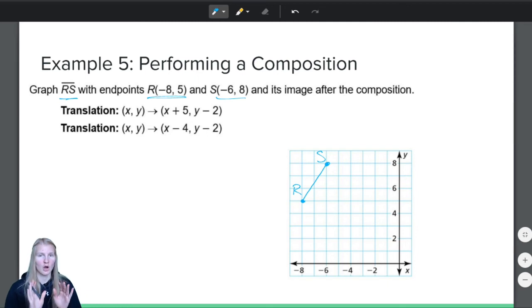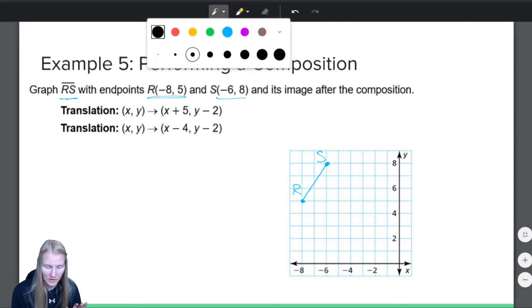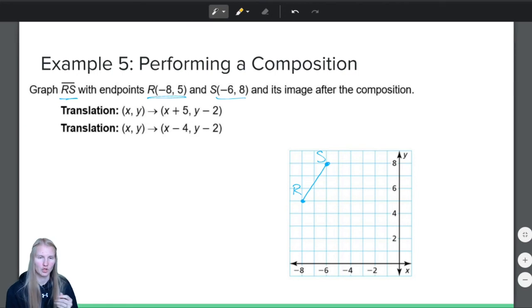Okay, so remember, a composition is multiple things together. So I'm going to do both of these translations and put them together. I'm going to do each one separately so that we can keep track of them.